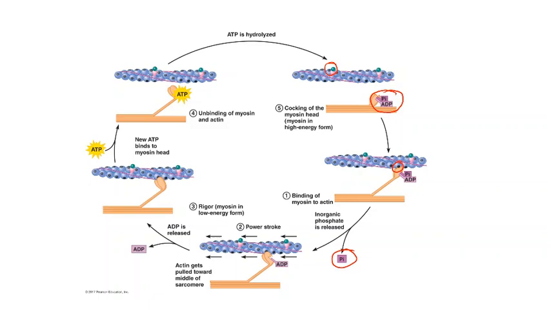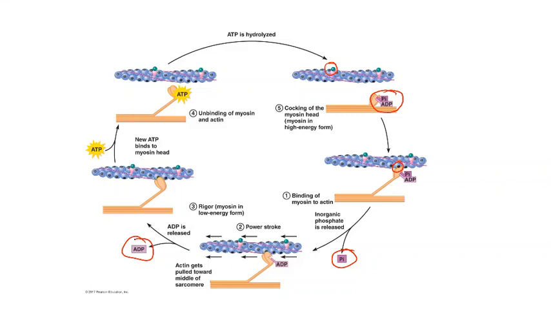Because it comes off, that myosin now is pulled towards that center, pulled in towards the center of the sarcomere. And when that happens, we now release the ADP. So we release the Pi when we attach, we release the ADP when we move.